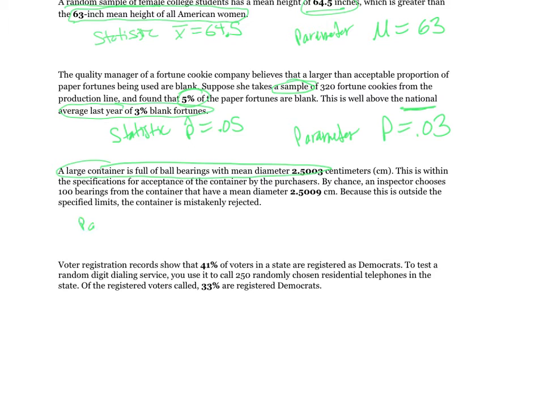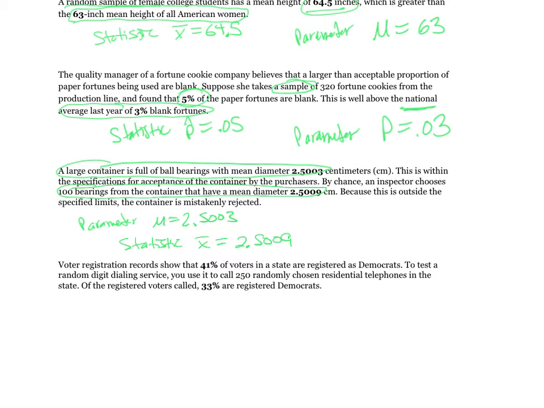That's a parameter, and since that's everything in the container, that's a population. So we would say mu equals 2.5003. Then they said they took a sample of 100 bearings from the container. So that's a statistic, where we'd say x bar is 2.5009.